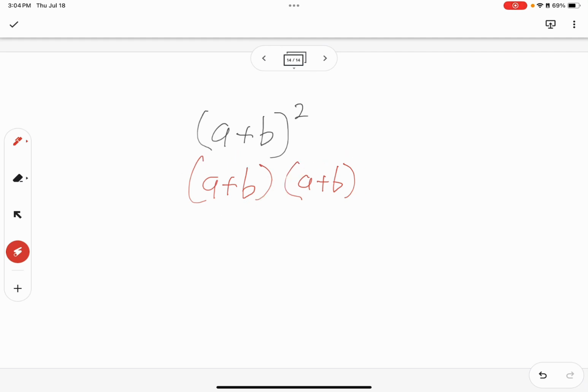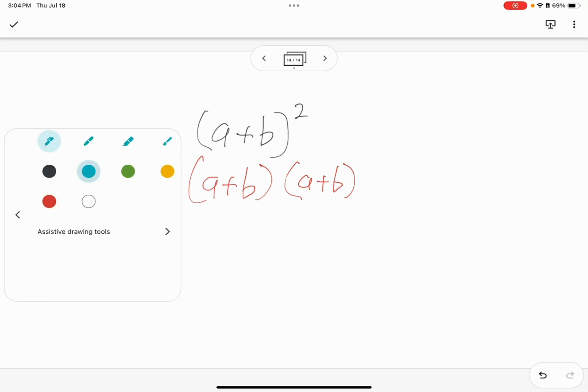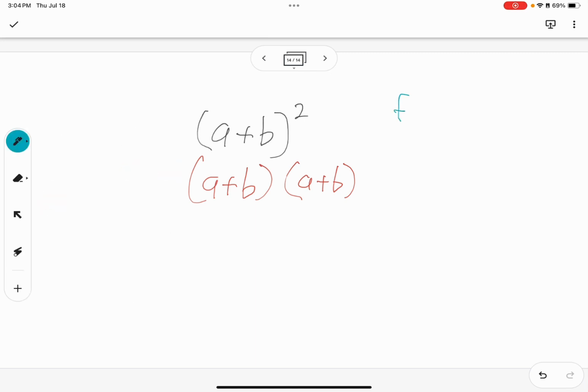So, much like we looked at in the distribution factor, you guys had learned about FOIL, which is what we talked about today. FOIL, F-O-I-L. This stands for first. So here, our first is A, and A, it's the first term in both of them.